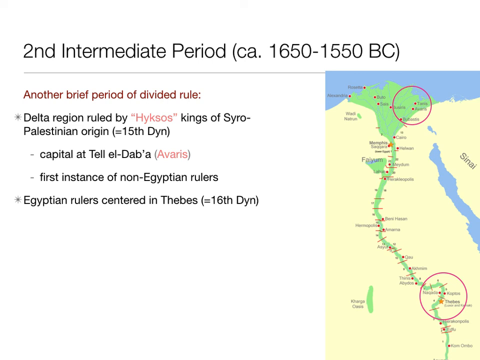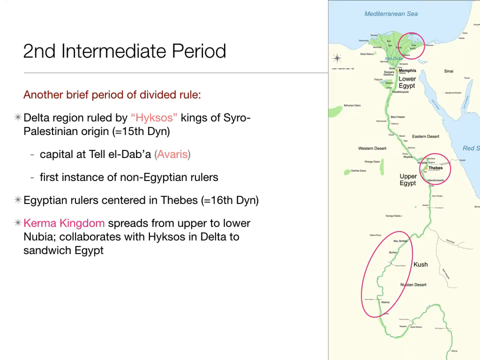But in any case, they establish a dynasty in the Delta, and you have more traditional rulers in Thebes that make up the 16th dynasty, going essentially simultaneously. As well as this kingdom emerging, as I mentioned earlier, in Nubia called Kerma, that is gaining a lot of power, the bottom circle there.